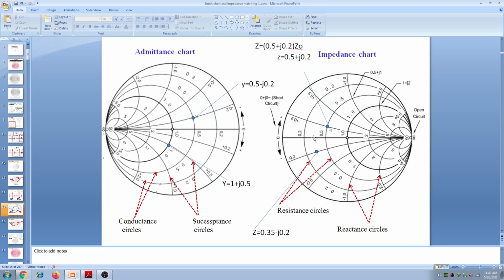Suppose it is some resistance value. Okay, like this. Don't think there is no resistance circle passing here. Even if it is not shown here, in the actual Smith chart also, we will see that. Okay, so like this we can read impedance at any point over the Smith chart.